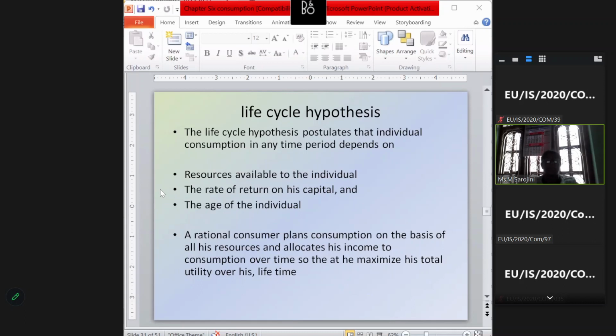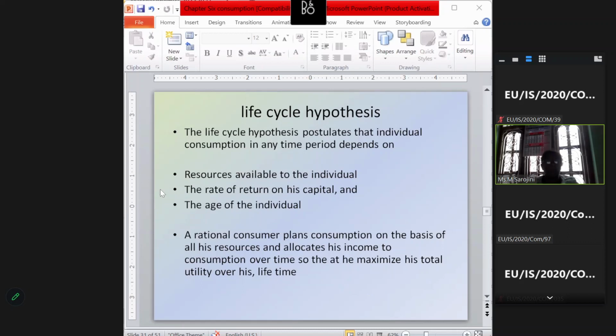That is explained by the life cycle hypothesis. How this individual utilizes his earned income until his death, that is explained by the life cycle hypothesis.